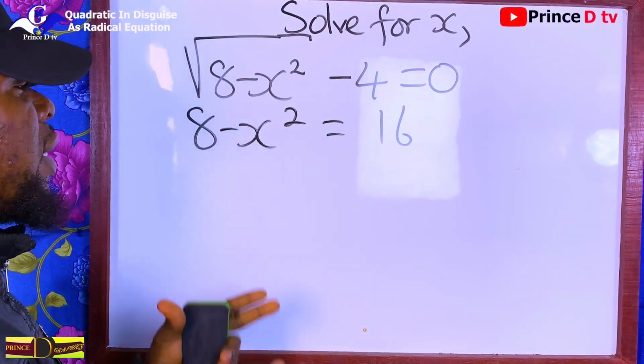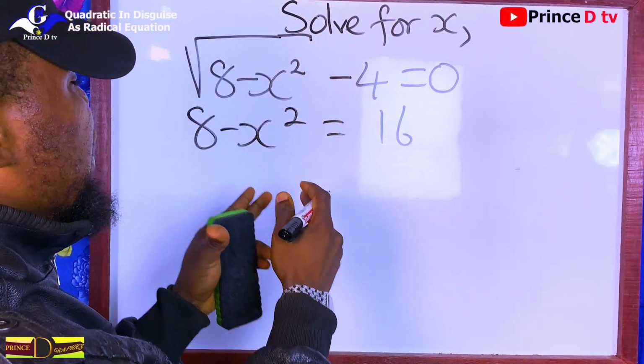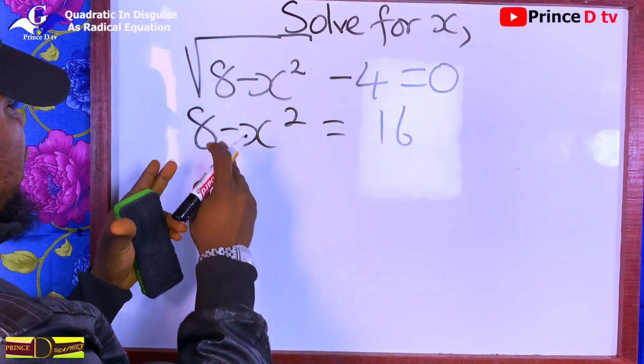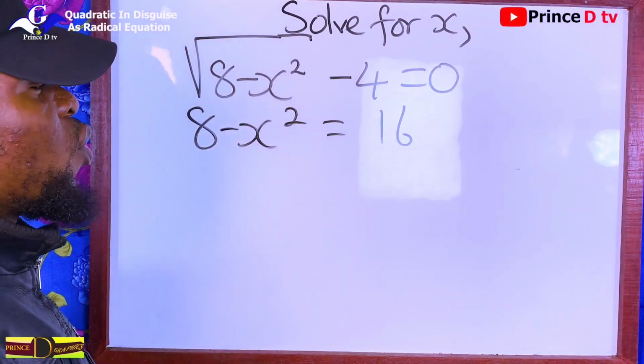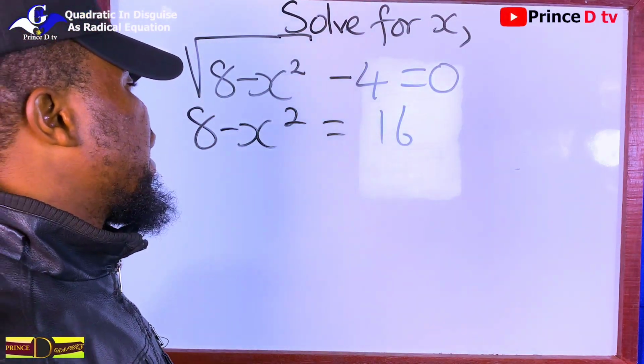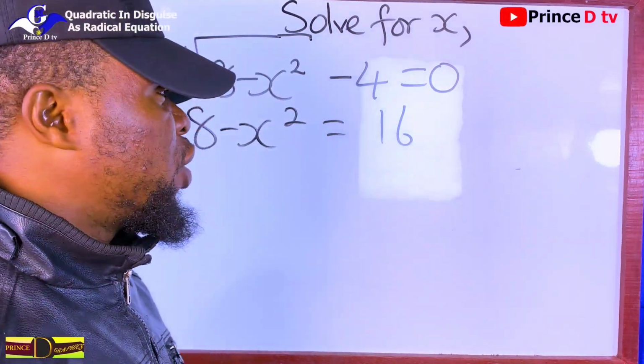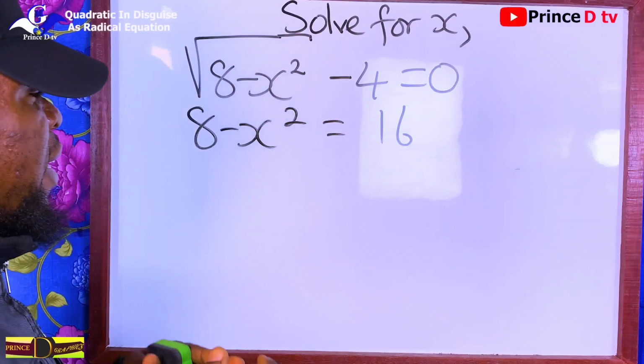We realize that we need now to isolate the x squared. All right, and how can we do that? We have an 8, so we can only do that by subtracting 8 from both sides of the equation.